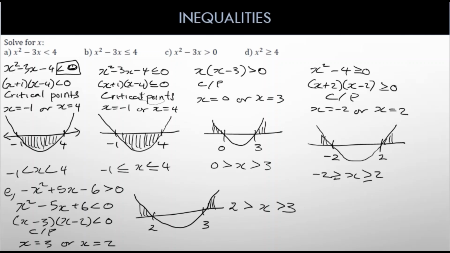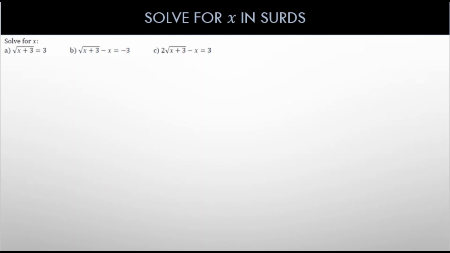The next topic that is going to allow you to have a lot of marks is solving for x using surds. Remember, in the beginning of the video we said that you focus on squaring both sides, and after squaring both sides we have to check and validate our values, because in most cases when we have two values, one of the values is going to be incorrect, and we have a mark for choosing the correct value.